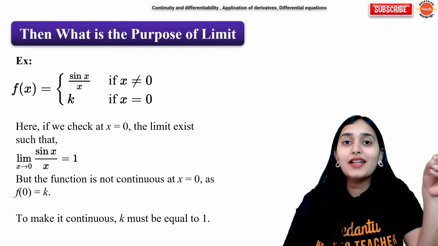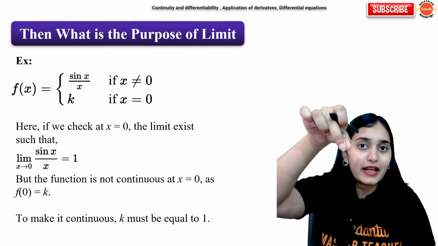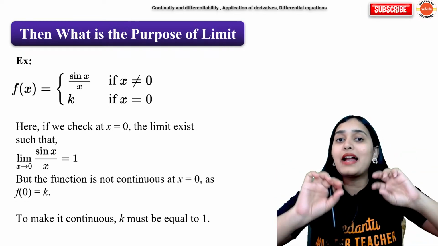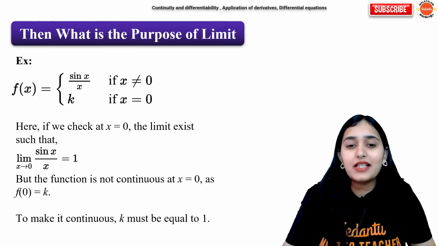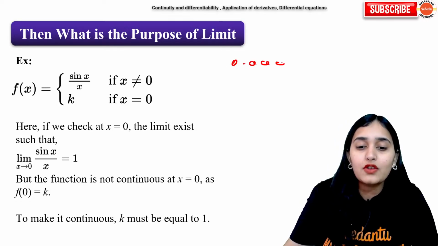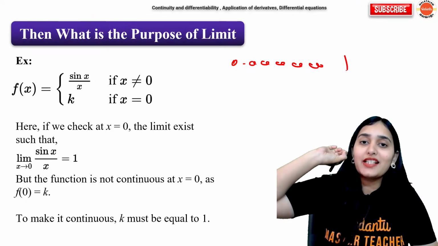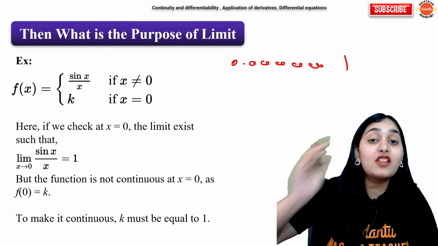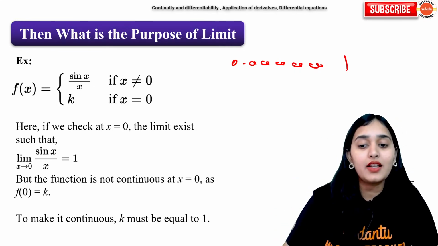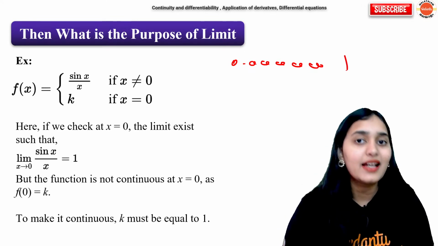And if the near neighbor values are not equal to the value at that particular point, then that obviously denotes that it is not continuous, because the difference may be 0.000000001, some very minute difference. So if it is a continuous graph, it will have almost the same value. Only if it is a non-continuous graph will it have a break. So that's why we are basically finding limits.